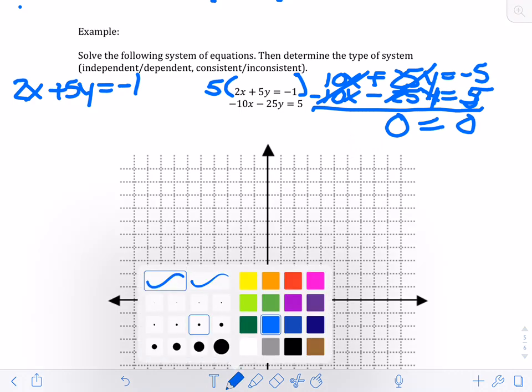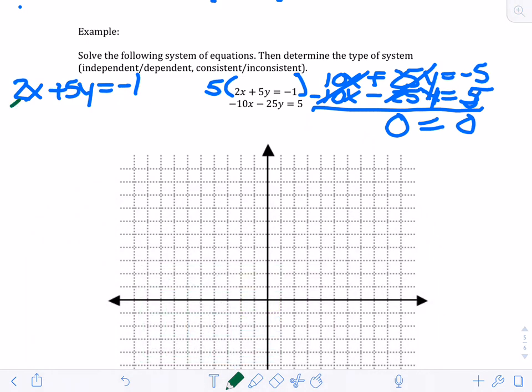If we let x equal 0, we can see that our y-intercept is going to equal negative 1/5. And if we let y equal 0, we can see that our x-intercept equals negative 1/2.